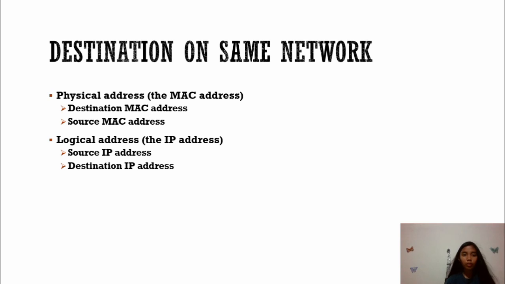Additionally, in this chapter I'll be discussing unicast, because there is also a unicast MAC address here. I'll explain the difference of the three. First, we have the unicast, just like in the previous chapter.